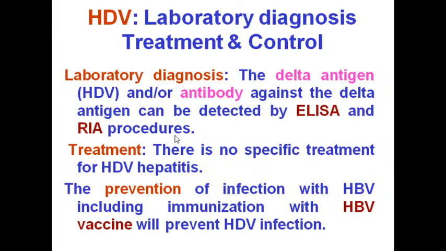There is no specific treatment for hepatitis D, and prevention is done by vaccination against hepatitis B. Because if hepatitis B virus doesn't multiply in the liver, there is no supply of hepatitis B surface antigen for the HDV virus. So that's why the one vaccine prevents both types of diseases.